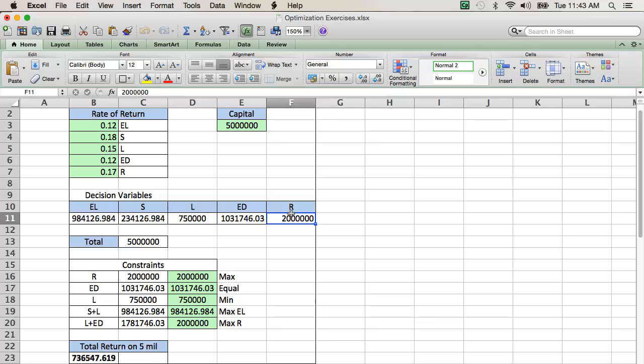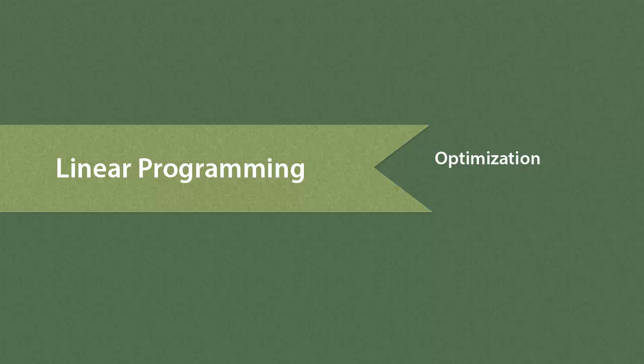Once we get our spreadsheet set up, communicating to Solver is much easier when we know and fully understand what it is that we're modeling. This concludes the program using linear programming for optimization.